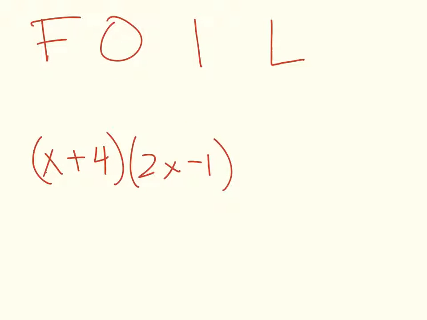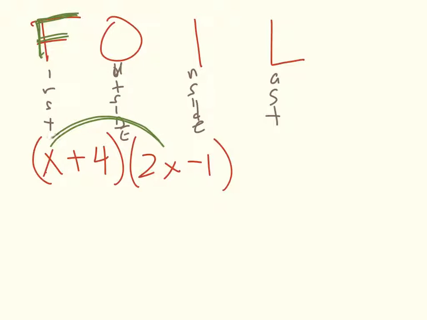The last method that I'm going to walk you through is called the FOIL method. FOIL is an acronym that stands for first, outside, inside, and last. Okay, so what does this look like? Well, this F is telling us to take the first things in both parentheses and multiply them together.